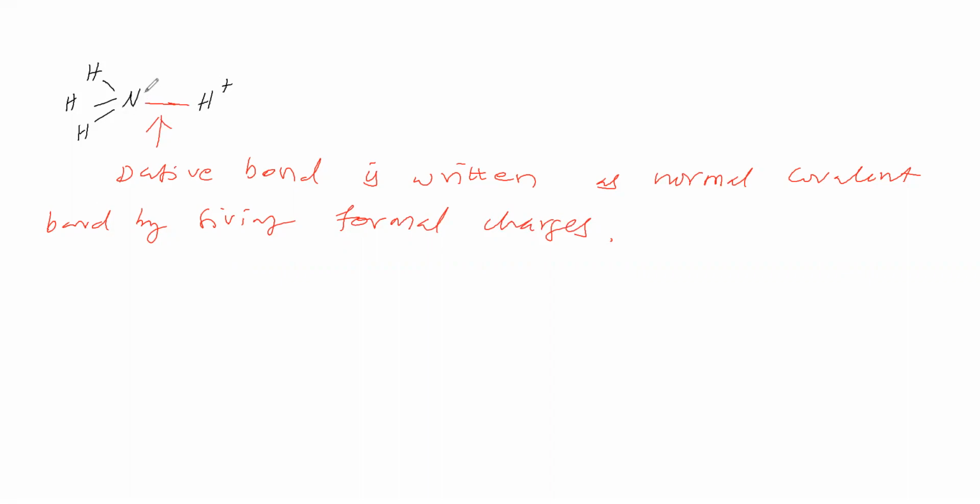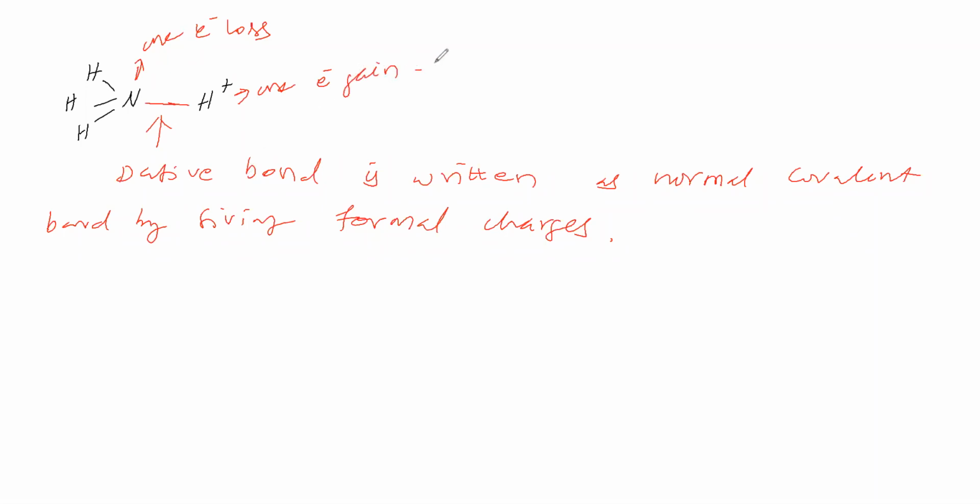Why one electron loss? Because we have converted this into a normal covalent bond. So for this one electron loss, and for this one electron gain.